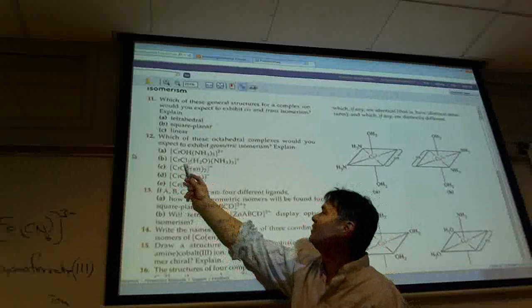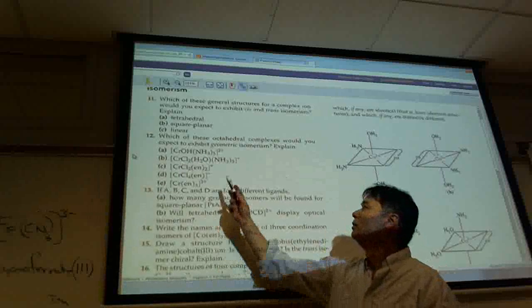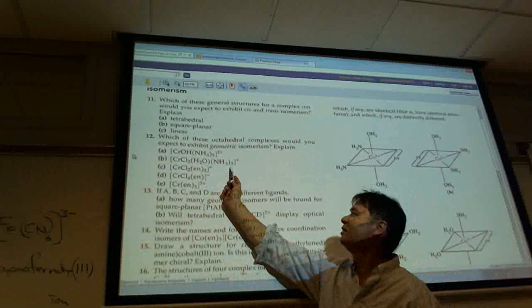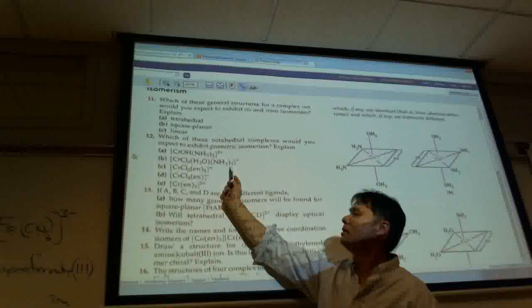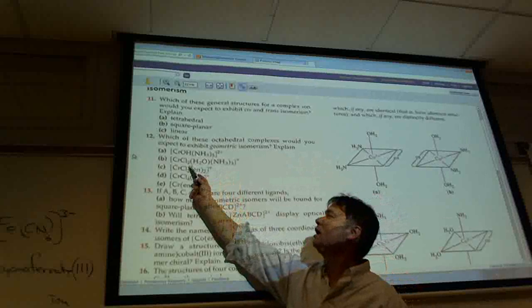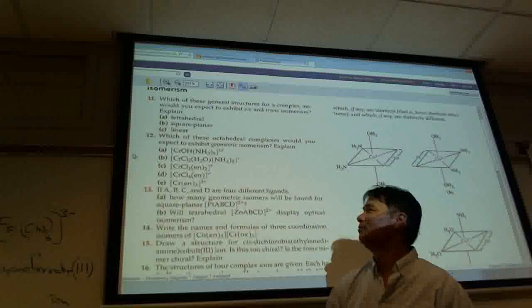How about this? What's the name of this? Tetra? Tetra is 4. This has got to be triamine, aqua, dichloro, chromium 3.